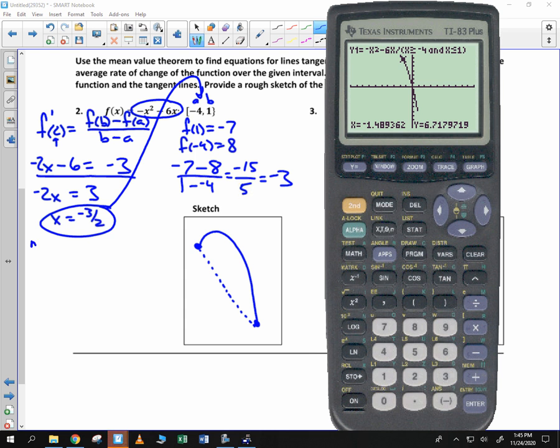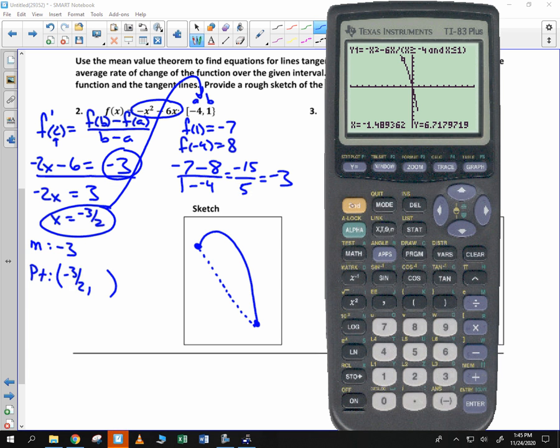So here's what I have. I have to determine slope and a point on the line. The point is -3/2. The slope is this guy. That was the slope. We said the average rate of change and the slope is -3.